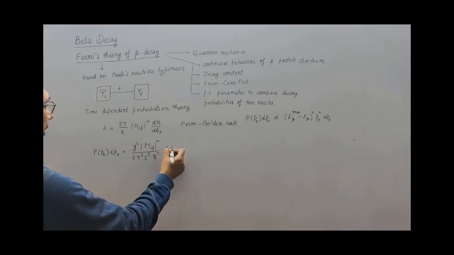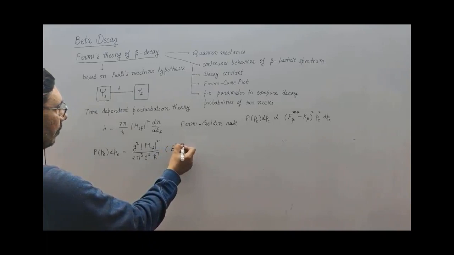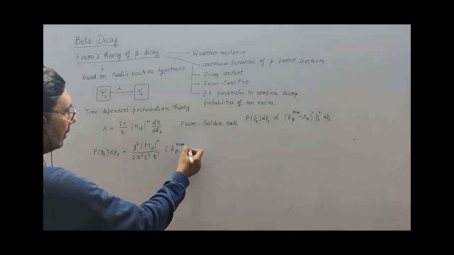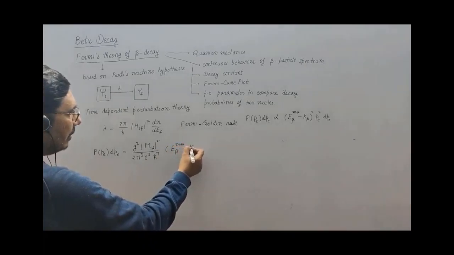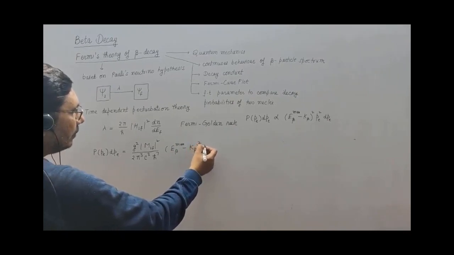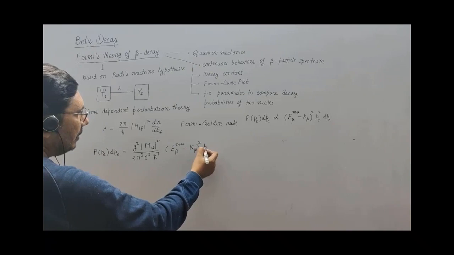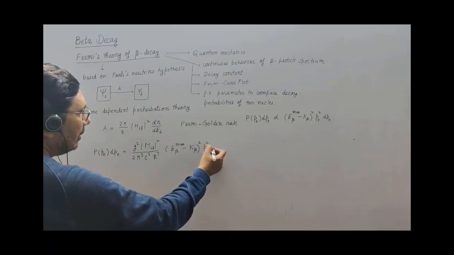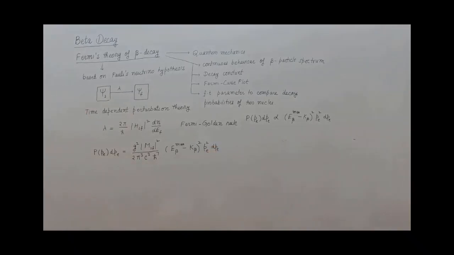And here it will be (E beta maximum minus K beta), the energy carried by the beta particle, squared, times P_e square dP_e. They found this expression.